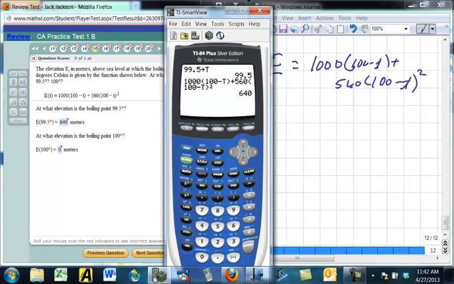Now the cool way about doing this is I can do the next problem without as much typing, because I can take 100 and store it as T. Now I can go second enter, which brings up my last thing. But without hitting enter, go second enter. That brings up the one before it.